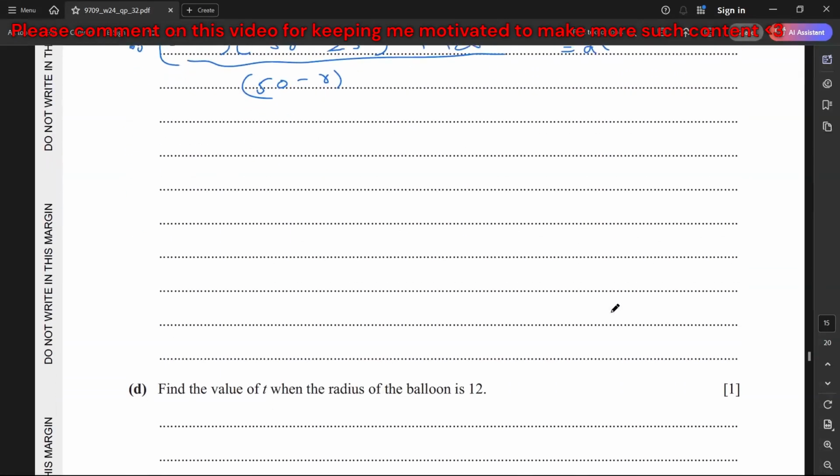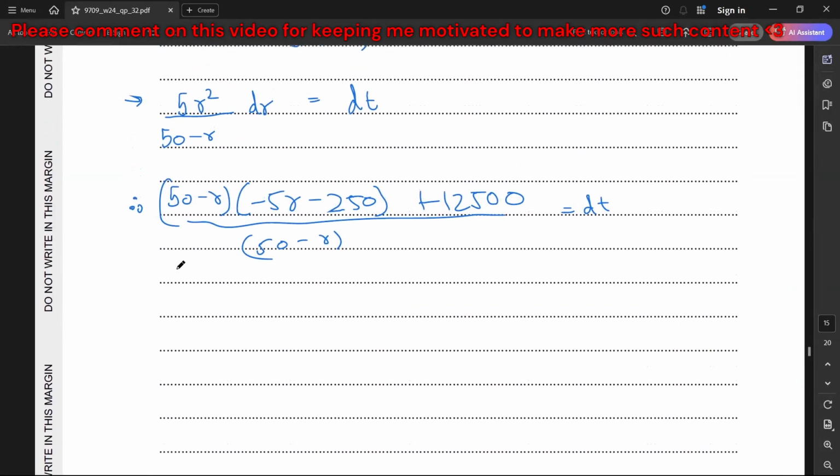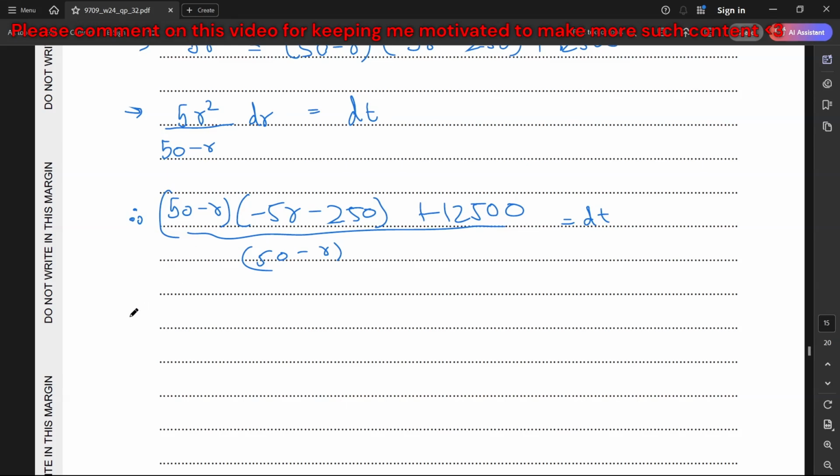How much space is left? Oh, there is only a small space left. Okay, no problem. So this can be written as this and this gets cut out. I'm left with minus 5, oh, there is also dr over here. Okay, so minus 5r minus 250. Why am I left with this? Because 50 minus r is going to be cut over here. And then I'm also having 50 minus r over this term. So it is going to be plus 12500 over 50 minus r.